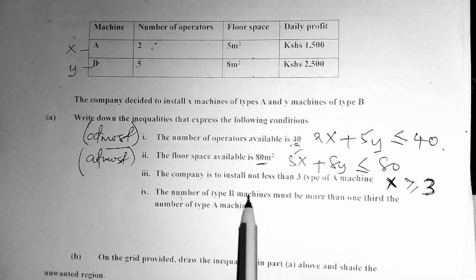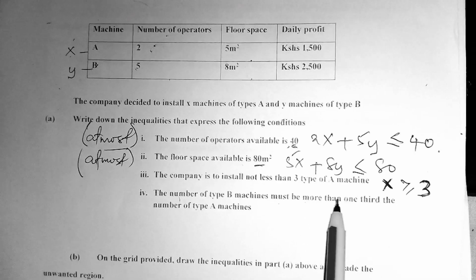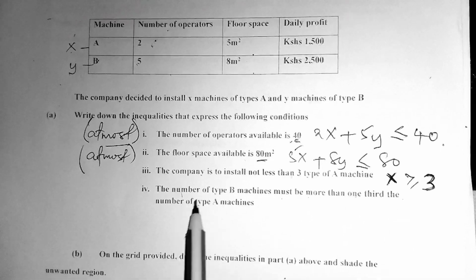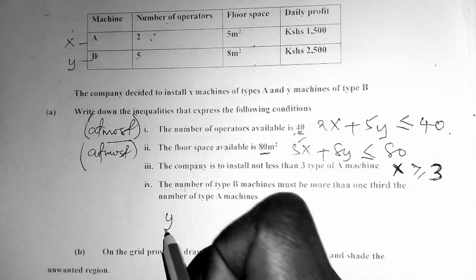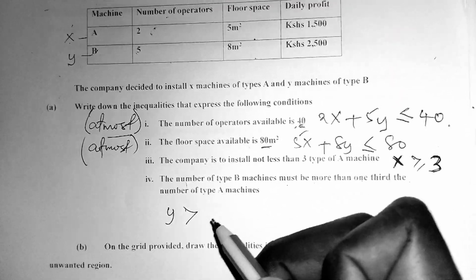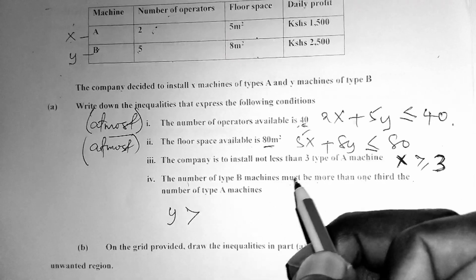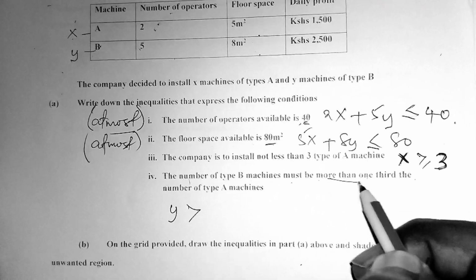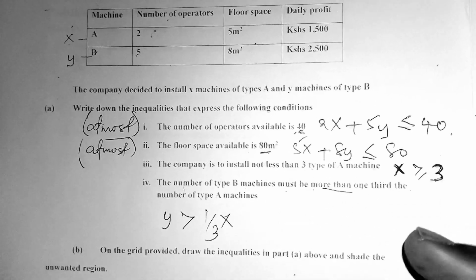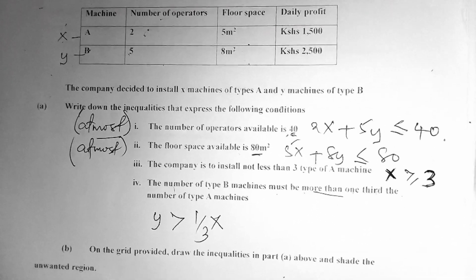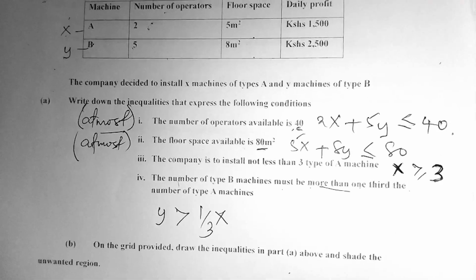Then the number of type B machines must be more than a third the number of type A. So type B machine, which is y, more than, so it means greater than a third of type A, which is x. So you have another inequality there.